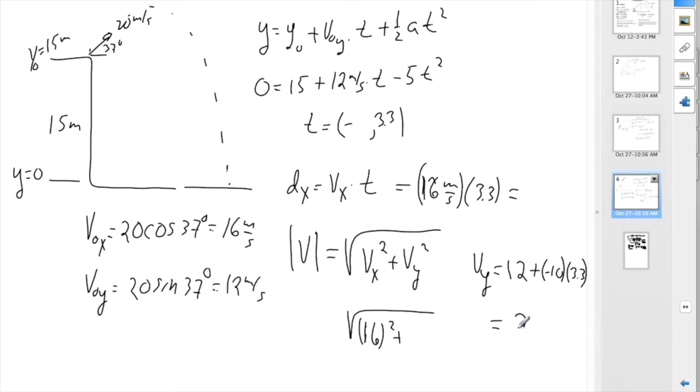So that gets me 21 meters per second, and that will get me the velocity.